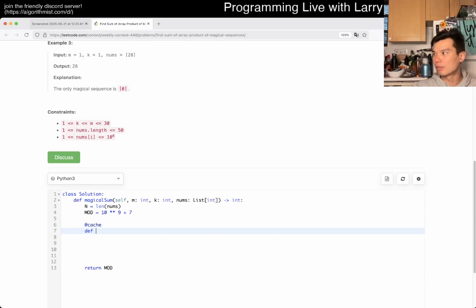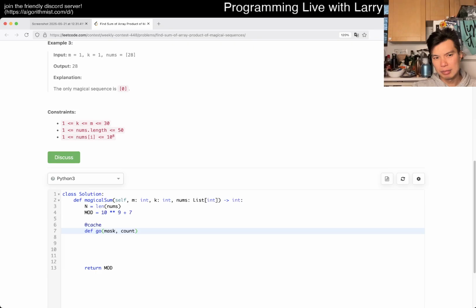I guess the key observation is that when you add a new number to the bit mask, it either does not change the number of bits, or it adds to the number of bits by 1, right? So then maybe we have the bit mask and a count, the number of bits, for using for k, and then that's it, right?